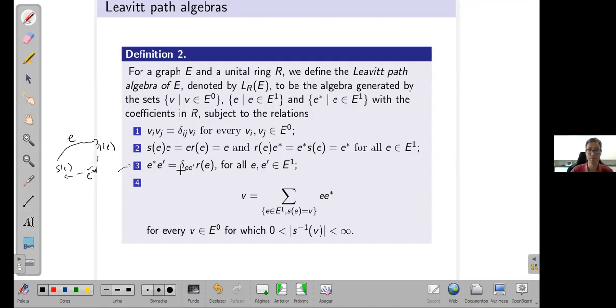And finally, we have the final condition, which is the Cuntz-Krieger condition. This is usually called the CK condition, Cuntz-Krieger, which is telling me that if I have a vertex V where there's only a finite number of edges coming out of it, then the projection of V is the sum of all the final projections of the edges departing from V, right?